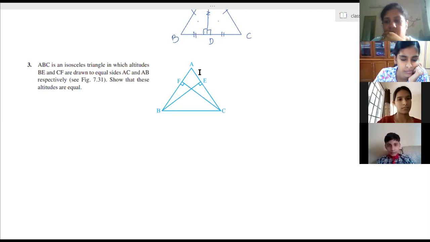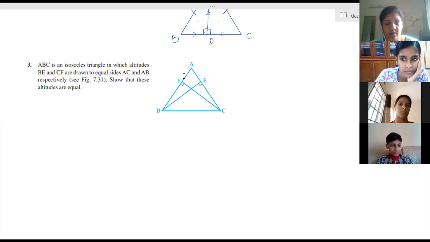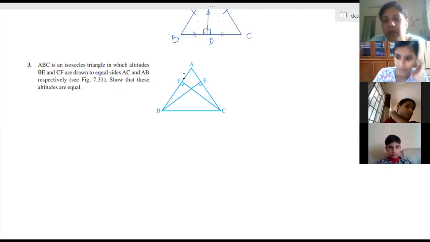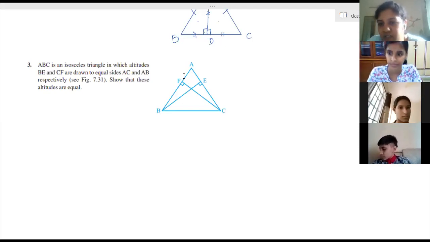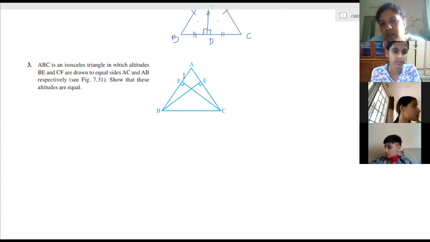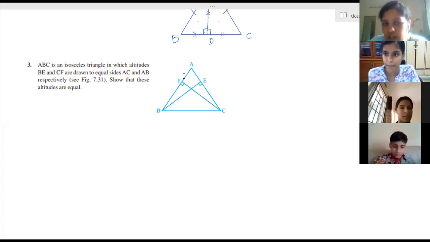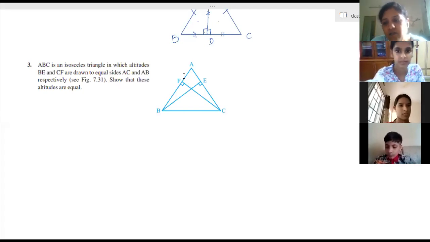Then A is a common angle. And AC is equal to AB, it's given, it is an isosceles triangle. So by two angles and one side, AAS criteria, the two triangles are congruent, and by CPCT, BE and CF are equal.